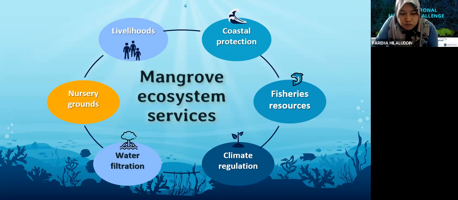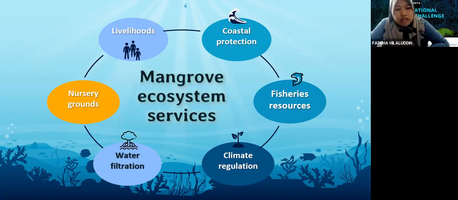For climate regulation also, since mangroves have carbon storage potential, with strong carbon storage in soil. So the CO2 released by global mangrove loss will increase if mangroves are deforested.